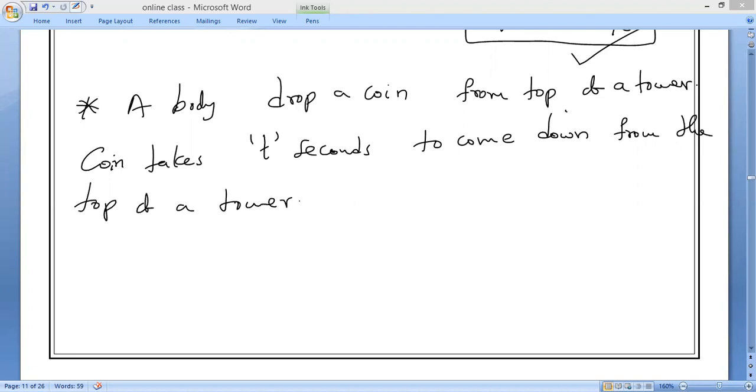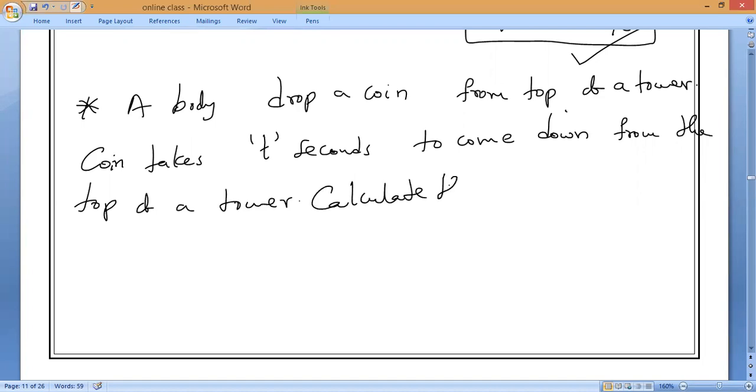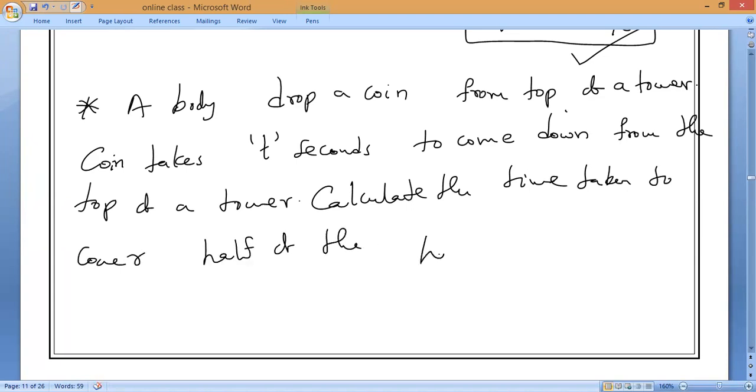Now, calculate the time taken to cover half the height of the tower. So how much time will it take in total, guys? T seconds to come down from the top of a tower. Yes or no? Now, calculate the time taken to cover half of the height of the tower.